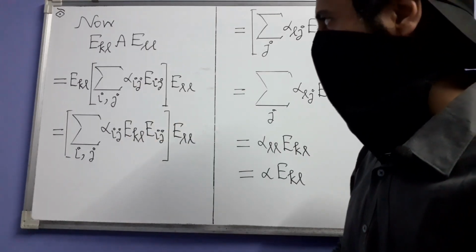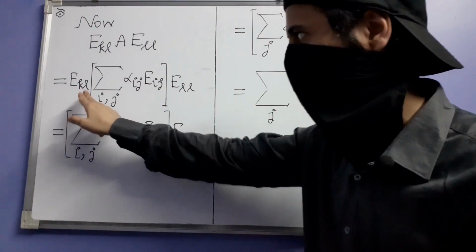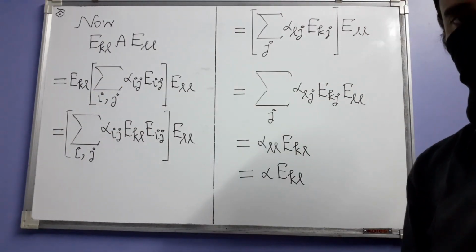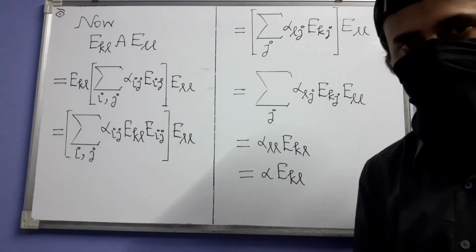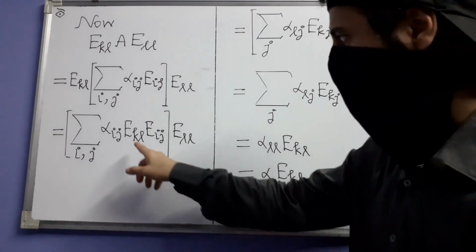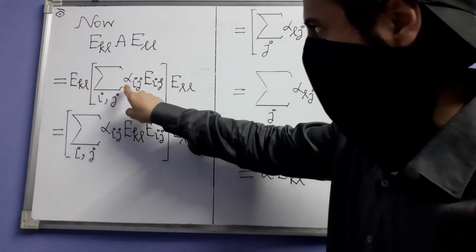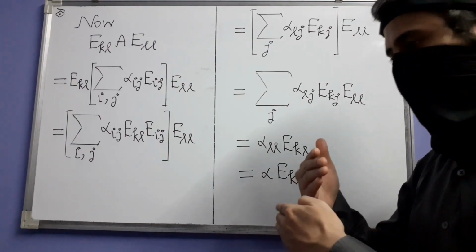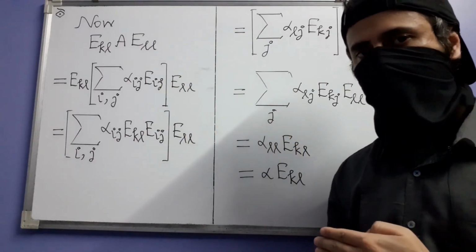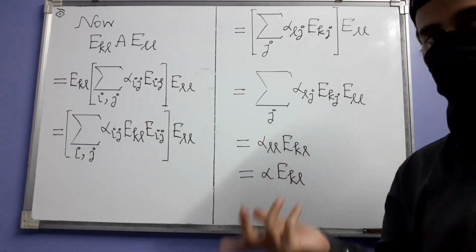Then what we do, say we multiply this sum from the left side by EKL. What permits us to do that? Left distributive law in our algebra. And actually, first of all, EKL will be multiplied with alpha ij times Eij, and then you can take alpha outside. Recall that this is possible because we are in an algebra.